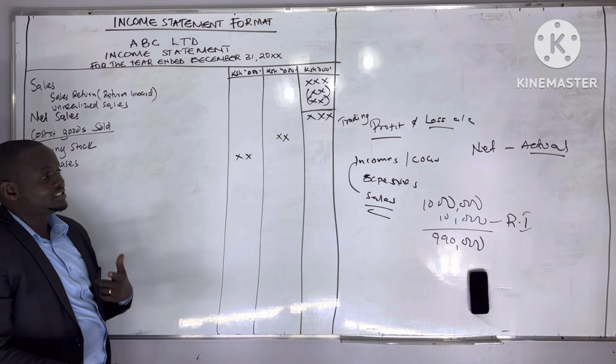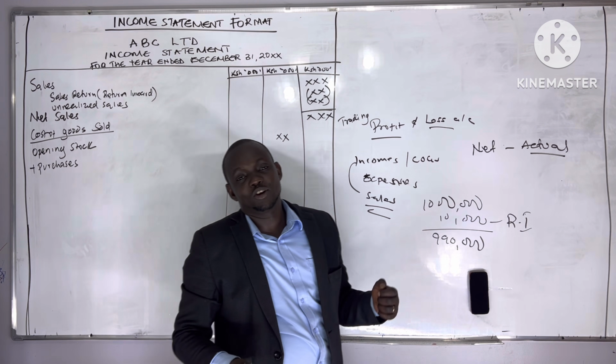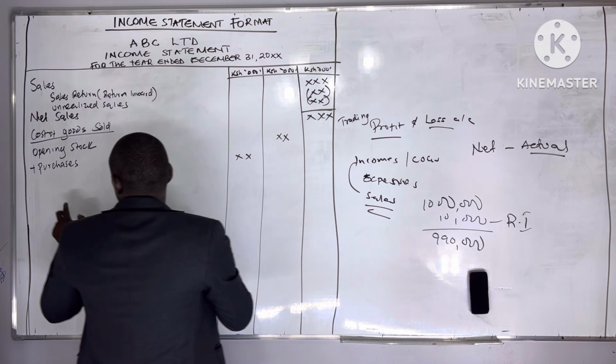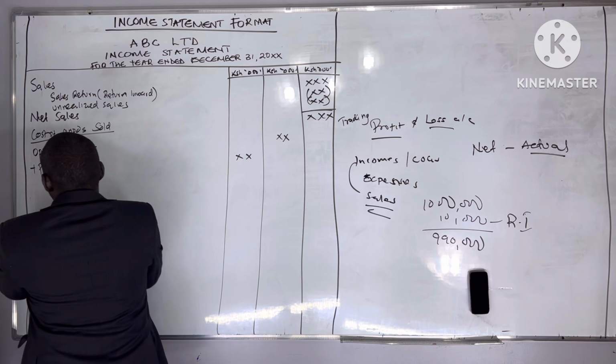Why? Because we will make some adjustments. After you purchase goods from your suppliers, you can return some goods. So we minus what was returned, less return outwards. We can start with purchase returns.